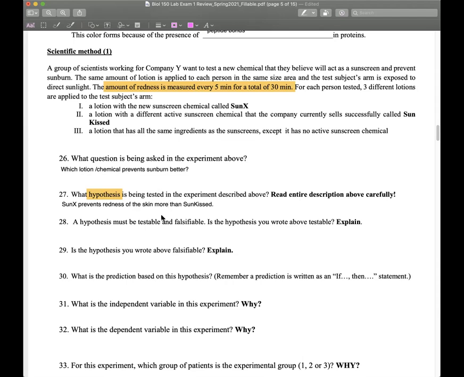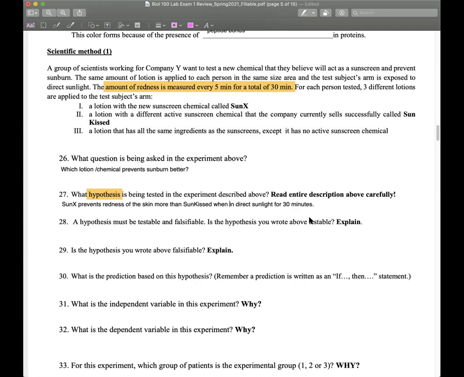Over 30 minutes. Okay, yeah, over 30 minutes. When in direct sunlight? Yeah, when in direct sunlight for 30 minutes. Now that is specific, it's testable, it's falsifiable, and it brings into play all of these details that were mentioned here. So Sun X prevents redness of the skin more than sun-kissed.